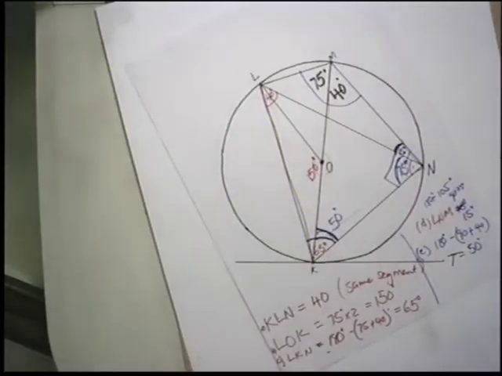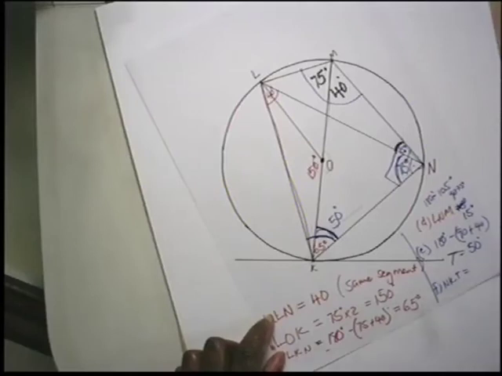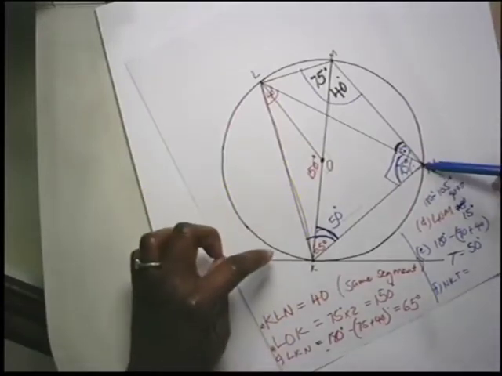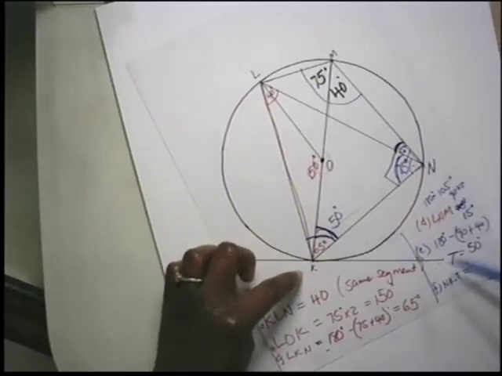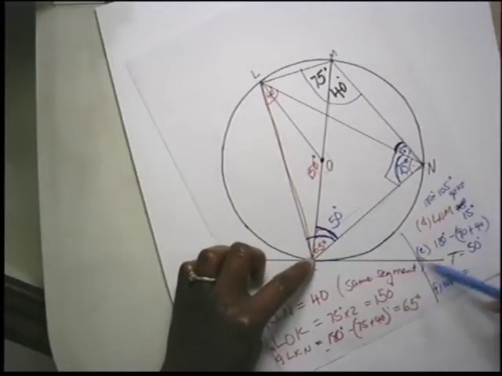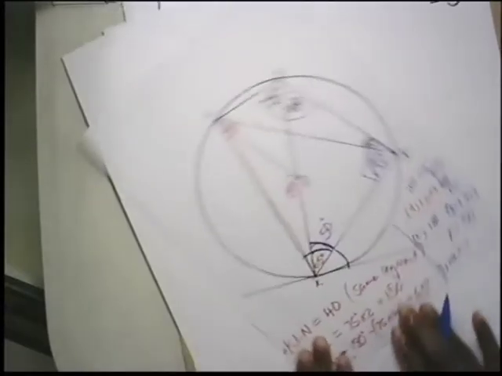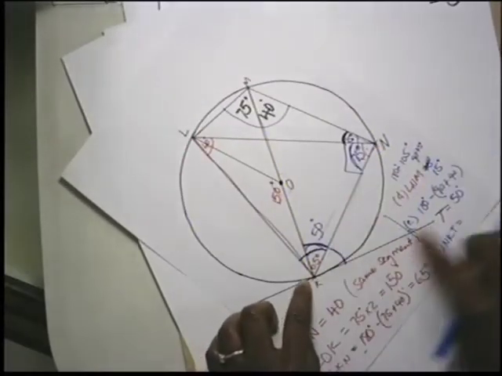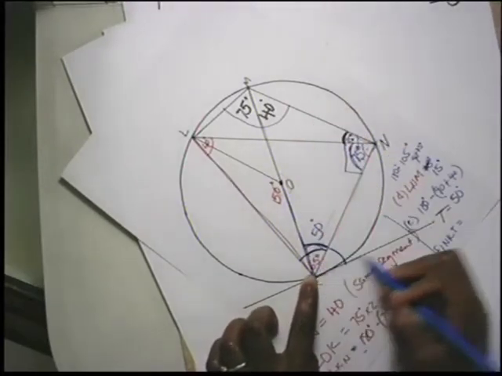Okay, and then the last one is F, angle NKT. NKT. This angle here, NKT. This is the only angle in here. How can we get this angle? We make use of the angle between the radius and the tangent.